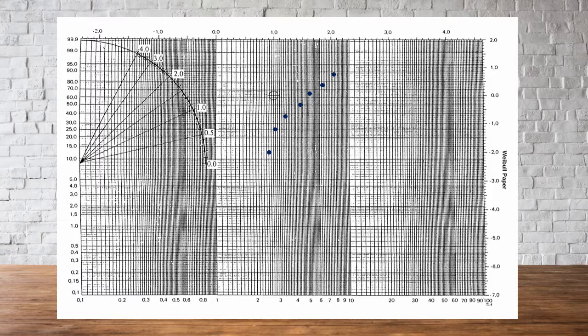So if we want to find the data point here, we need to scale it, and we divided it by 10,000. So it's 2.5. And here is the point that we have found. And then we fit a line that would cover most of the dots. And this would be our failure probability estimation.